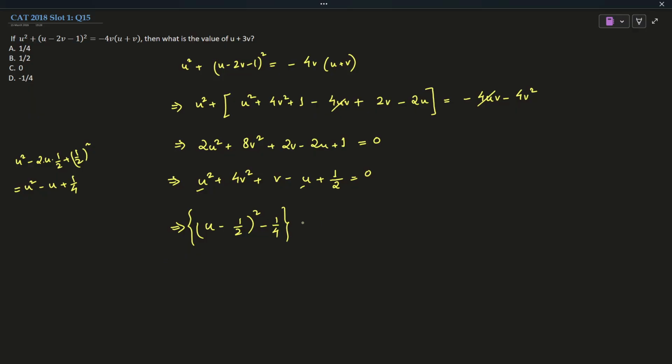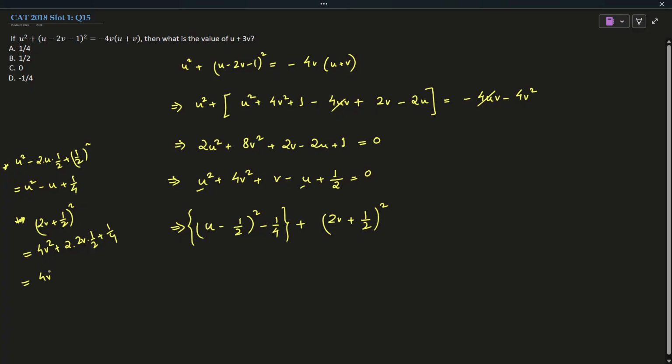Then similarly I can write 2v plus 1 by 2 whole square. This is the first, this is the second. 2v plus 1 by 2 whole square can be written as 4v square plus 2 times a into b plus b square, which is 1 by 4. So this is 4v square plus 2v. I only have v, right? I don't have 2v.